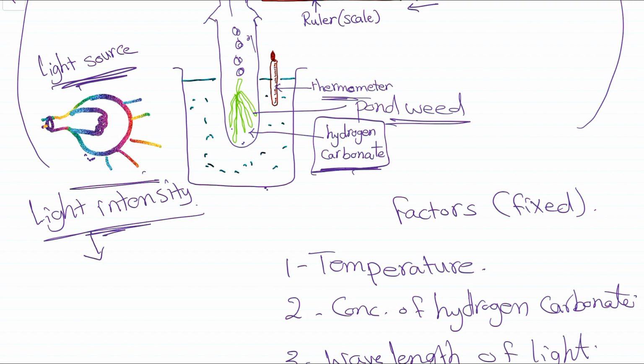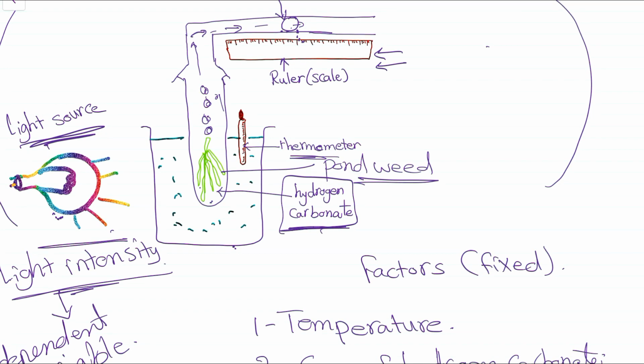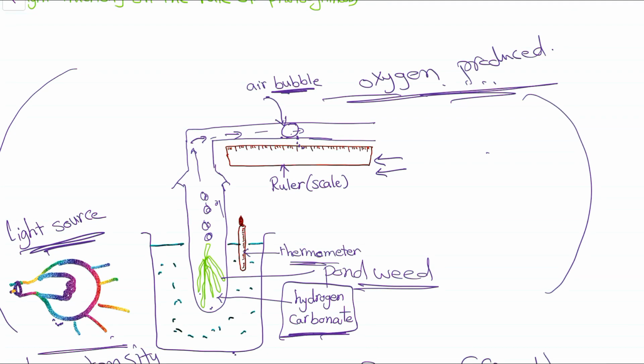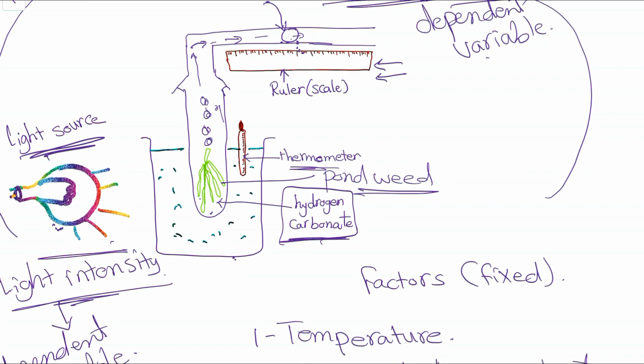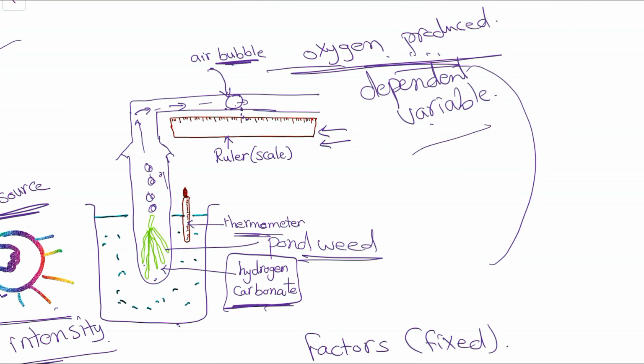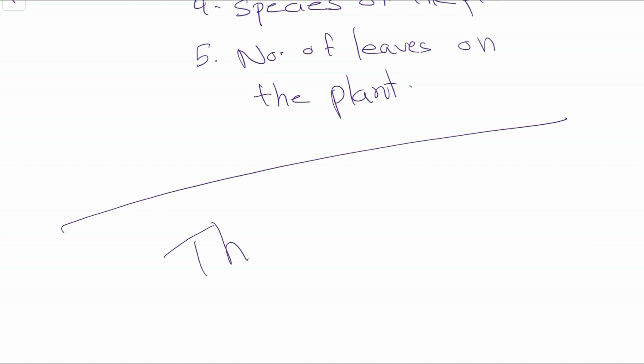In this case, this is called the independent variable, because this is the one which starts the change, and this is called the dependent variable. Why? Because it depends on the other factor which changes. So the change of light intensity changes the oxygen produced. It means this is called the independent variable and this is called the dependent variable. Thanks for watching.